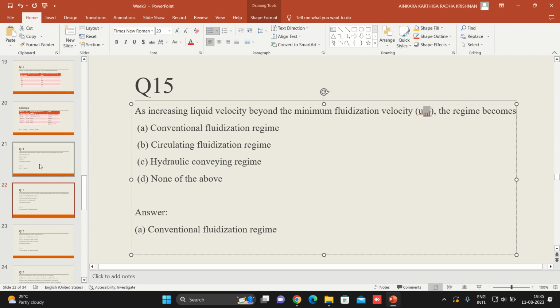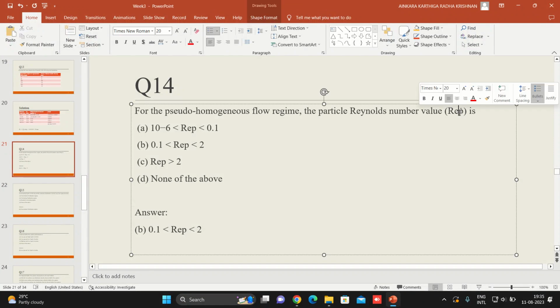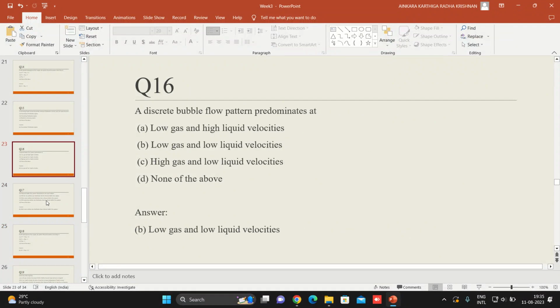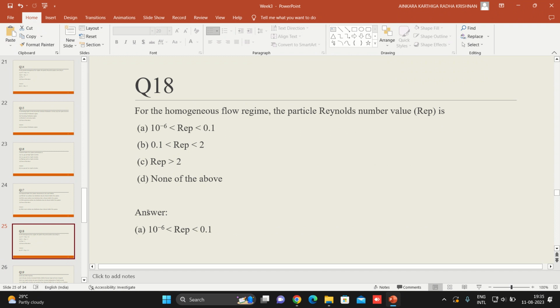Again, it was about bubble pattern, discrete and dispersed phase of bubbles, and which one is affecting which.